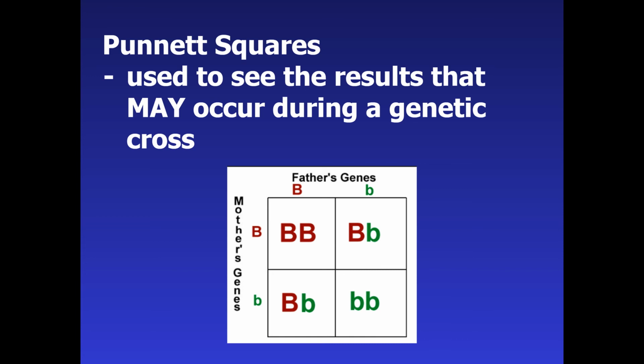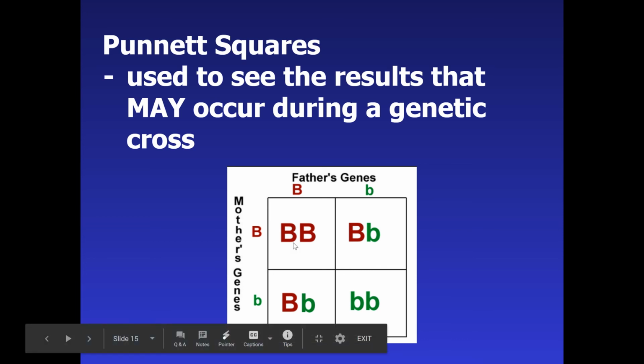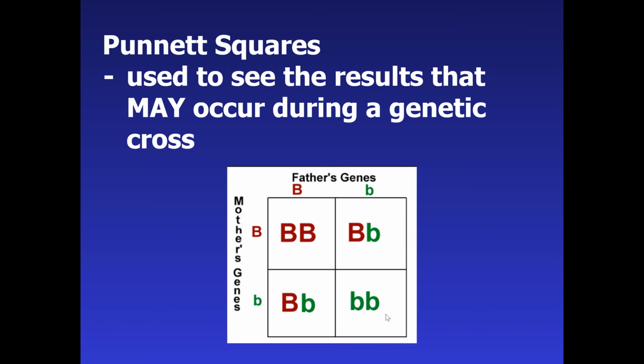Let's just say it's brown hair. So, like we talked about, if it has a capital letter in the genotype, it has to be dominant. This is the only scenario, 1 out of 4, where you would yield a recessive phenotype, recessive trait.